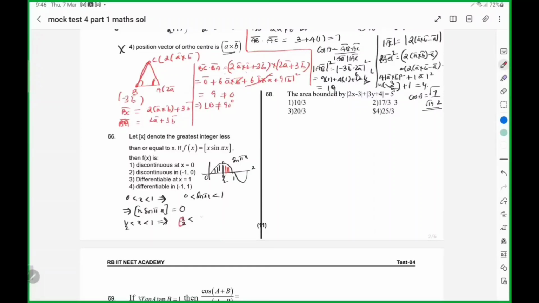Then in that case also x sine pi x will be less than 1, which implies the step of x sine pi x is 0. When x is half, you get half into sine 90, whose value is 0.